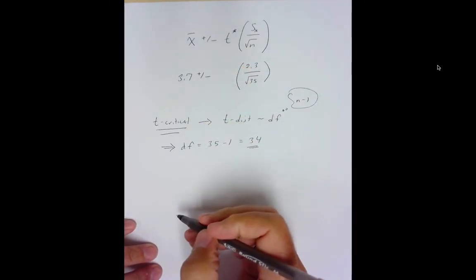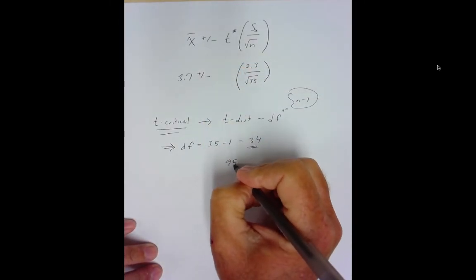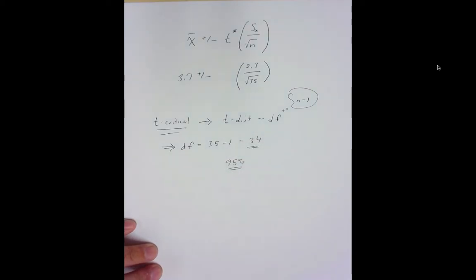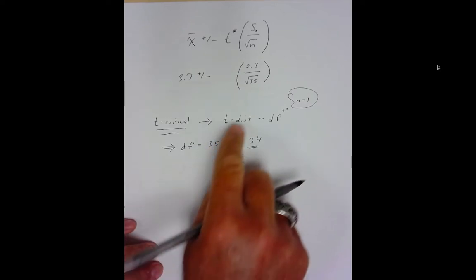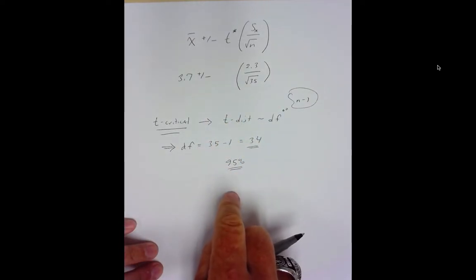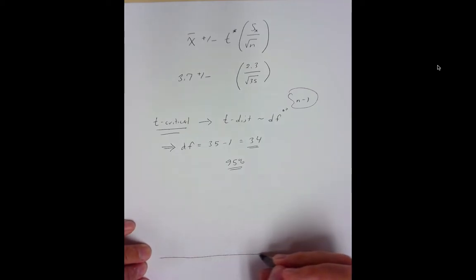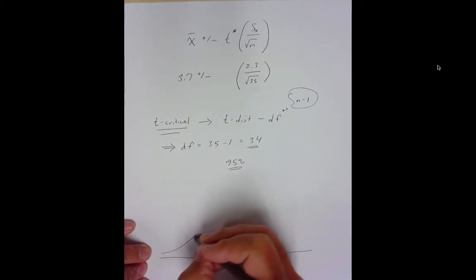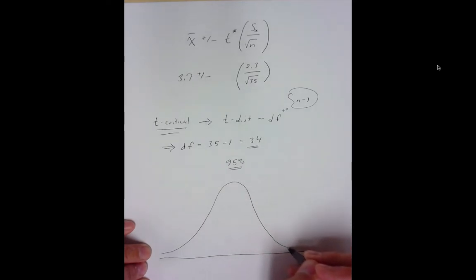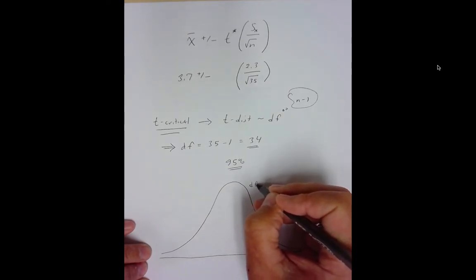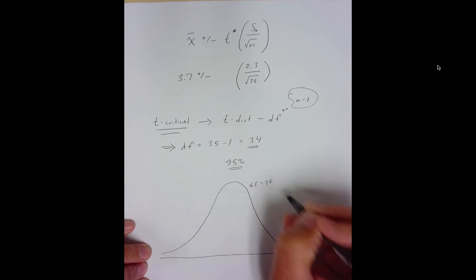To find this t critical for the 95% confidence interval, which we want to calculate, remember, if we don't have a confidence level, always assume it's 95. We want to look at this t distribution with degrees of freedom 34.